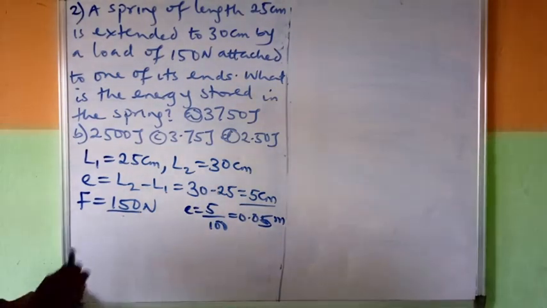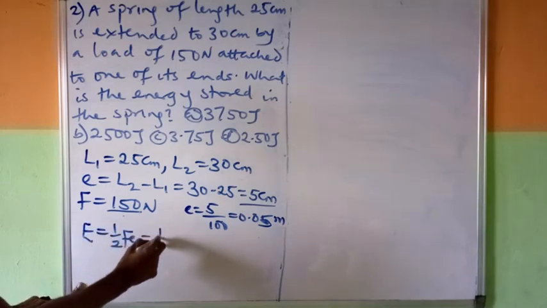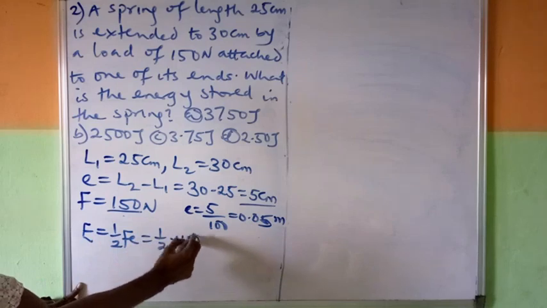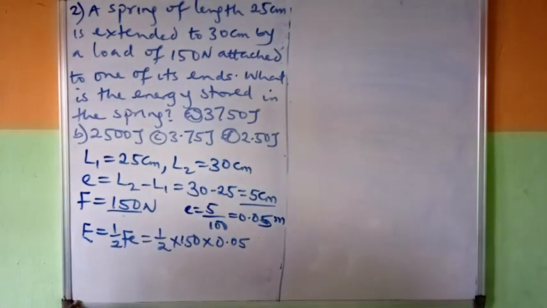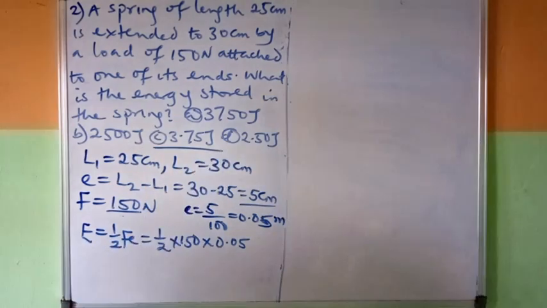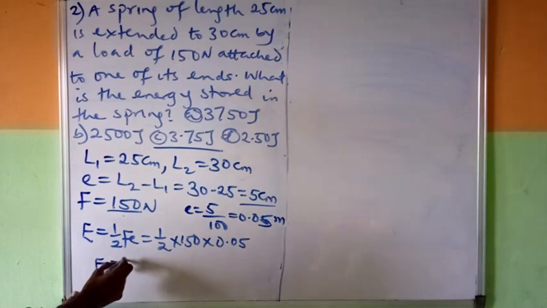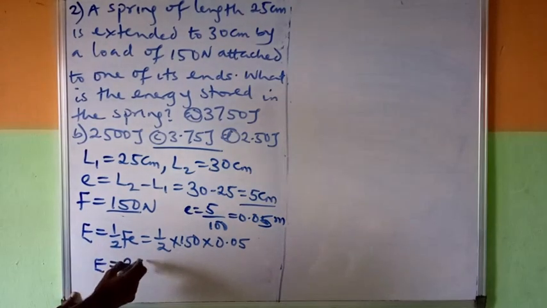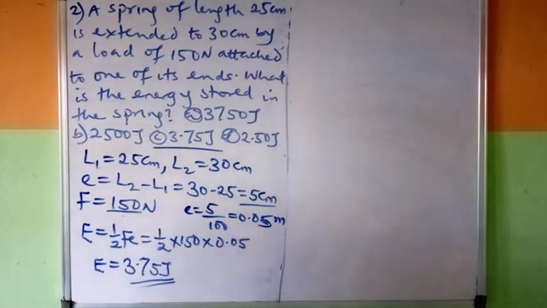Our force is 150 newtons. So our energy stored will be half times 150 multiplied by 0.05. If you find the value, your answer is going to be 3.75 joules. That is the answer.